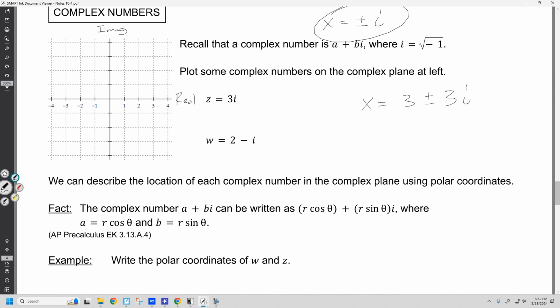Well, I'm going to visualize said solution on this complex plane. Here's how we do it. We'll go to the right 3. We'll go up 3i. This would be 3 plus 3i.